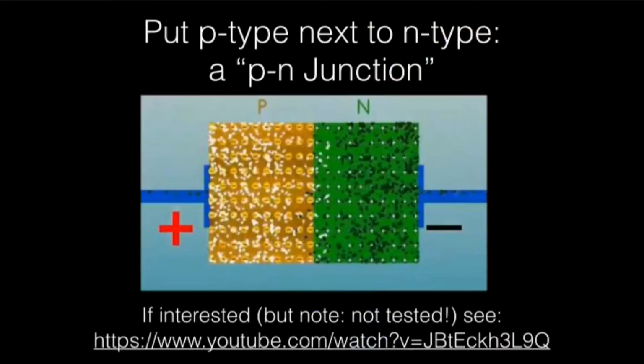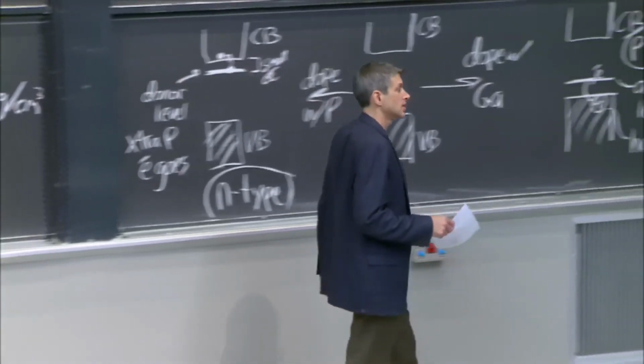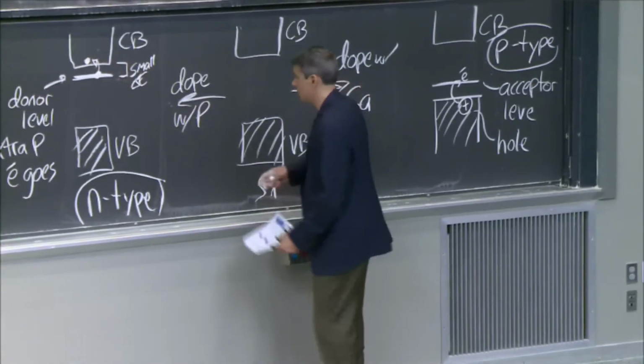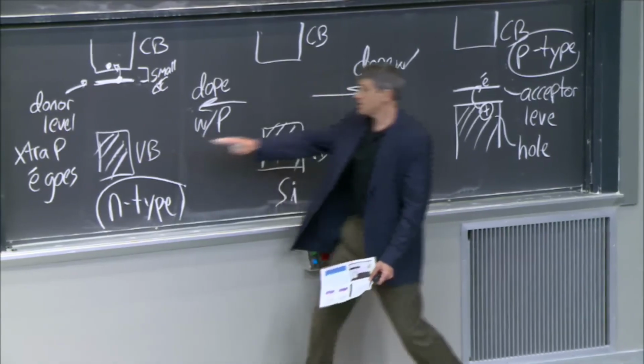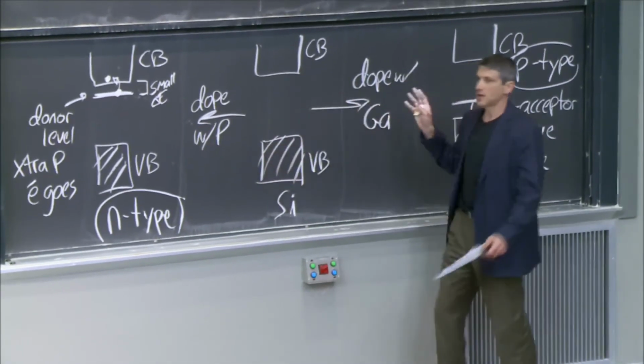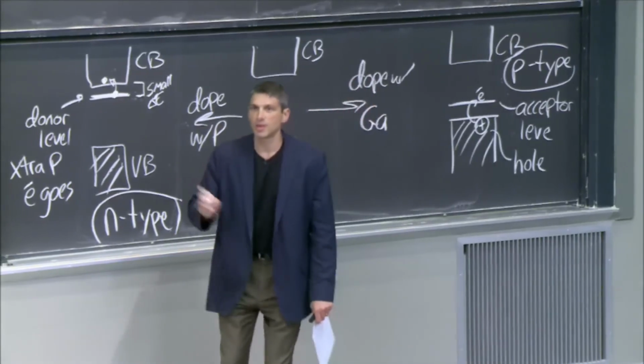Now, I'm not going to talk about transistors, but this did lead to the development of the transistor. There's a really nice video there. It's like 8-9 minutes. I suggest you wait until your Friday night social. But if I take a p-type and I take an n-type and I take a p-type and I put them together, some really important things happen.